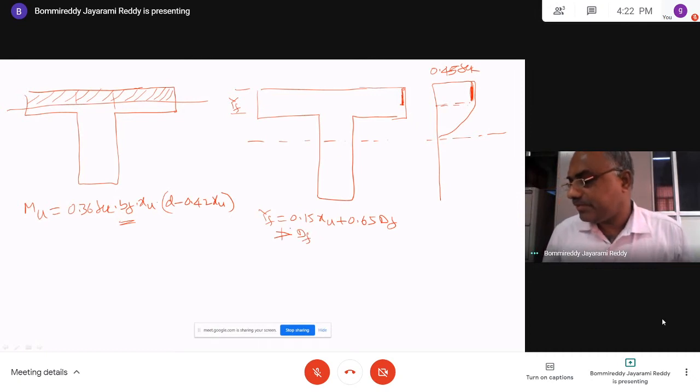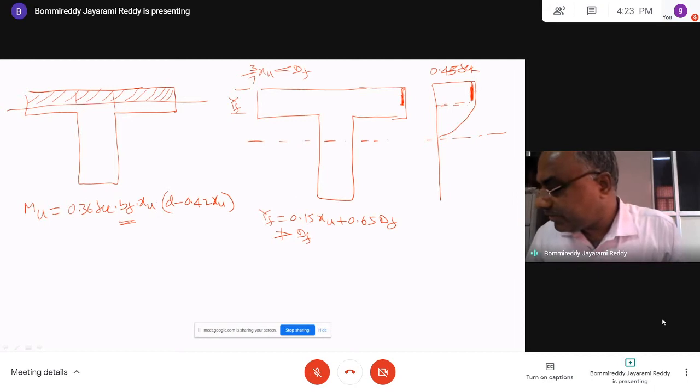Because here the rectangular portion of the stress block, 3/7 of XU, is less than the DF value. The rectangular portion of the stress block is less than the depth of the flange. In such a case, YF is to be taken.